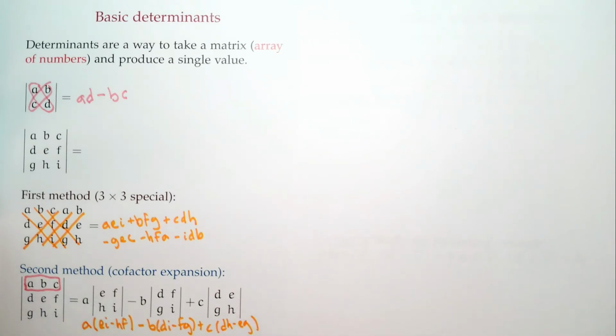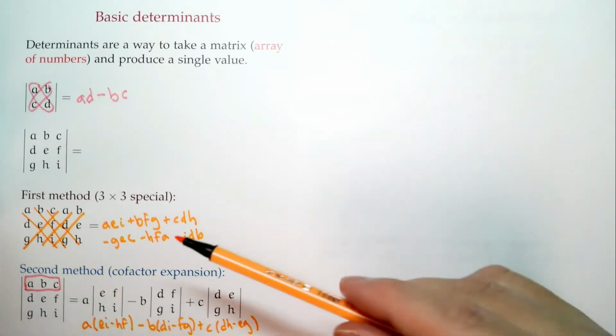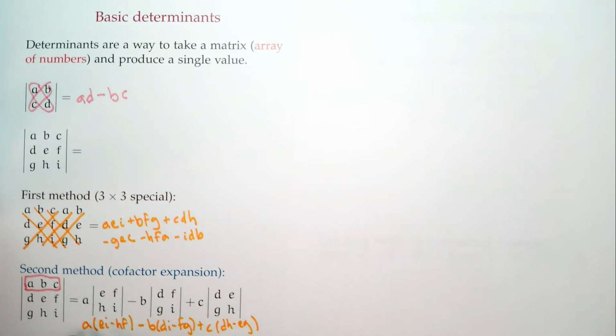If you actually go through and check, you'll see that everything matches. If you multiply it out, you get A, E, I, and then A, H, F subtracted. B, D, I, well, that's negative, minus makes plus, a B, F, and G. Good. And so forth and so on.